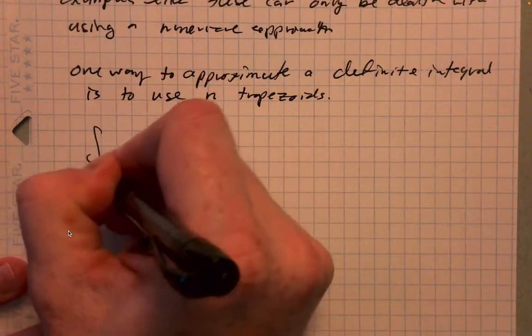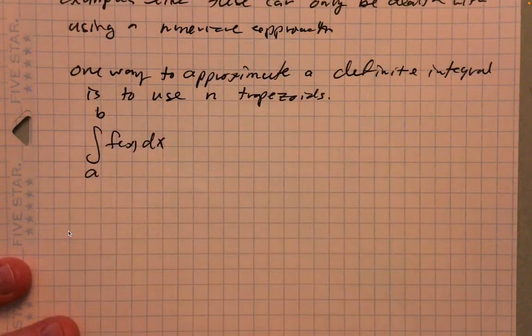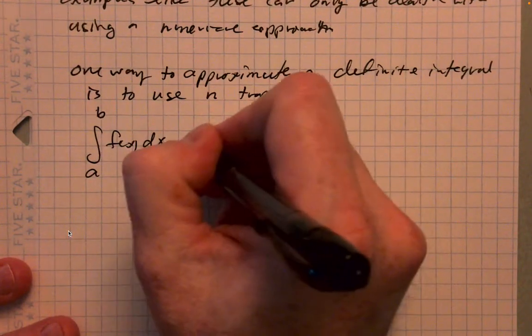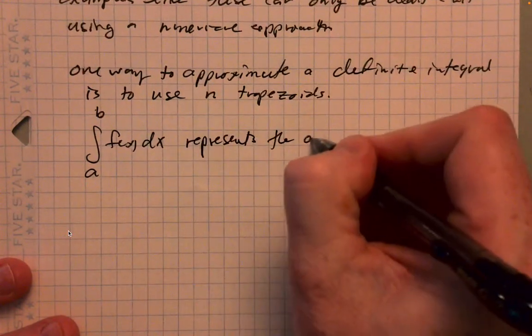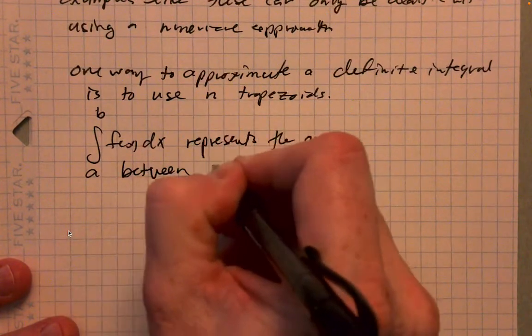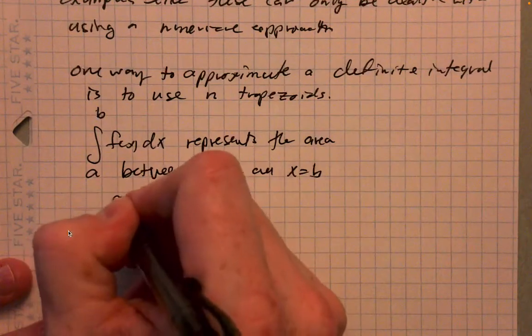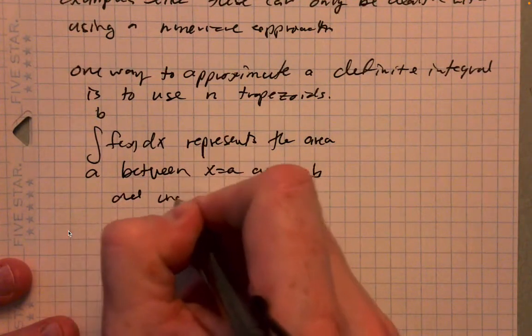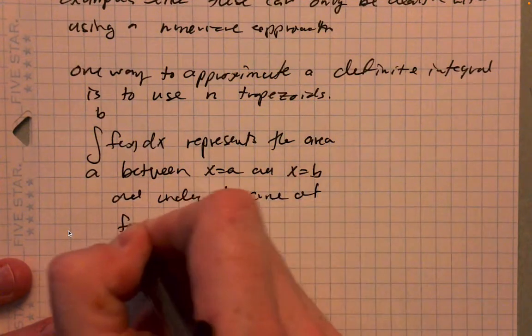The integral from a to b of f of x dx represents the area between x equals a and x equals b, and under the curve of f of x, right?